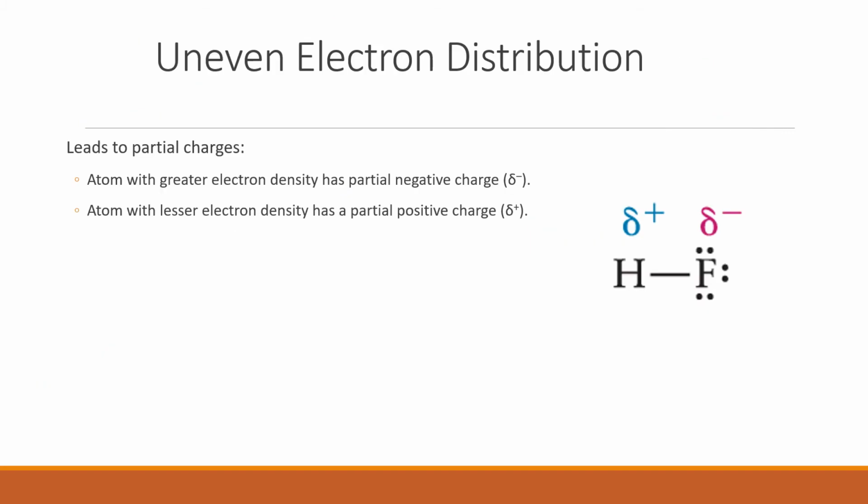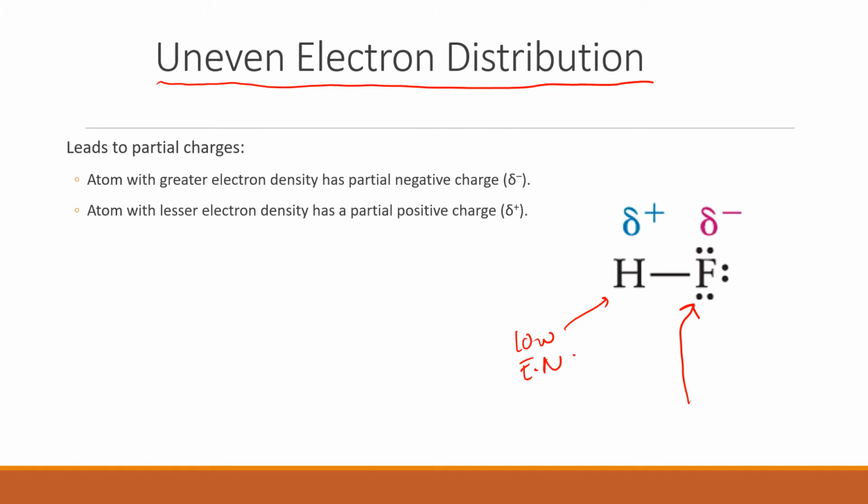As discussed in the previous slide, due to the difference in electronegativity values, uneven electron distribution will happen whenever a high electronegativity element is covalently bonded to a low electronegativity element.